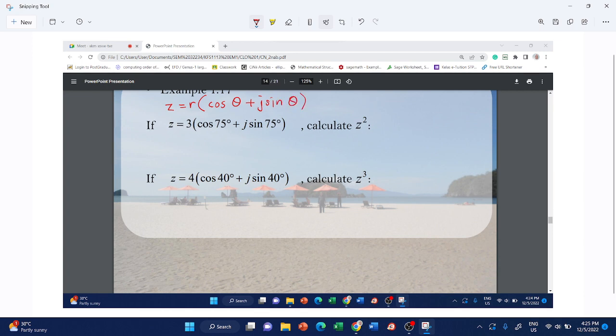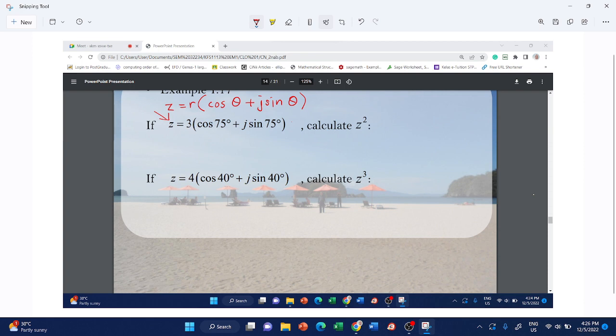If we compare with the general form, what do you think the r value is? It's 3. Okay, and the theta? 75. Okay, the unit is in degrees.